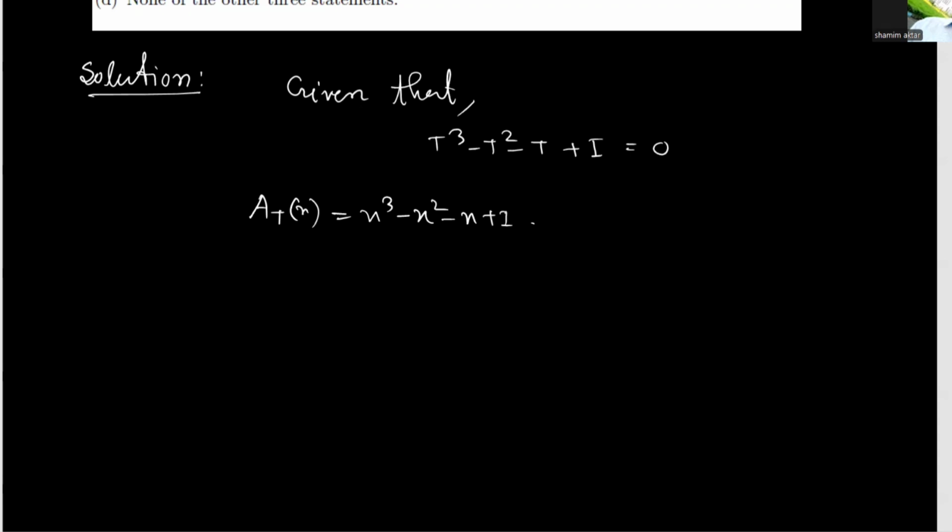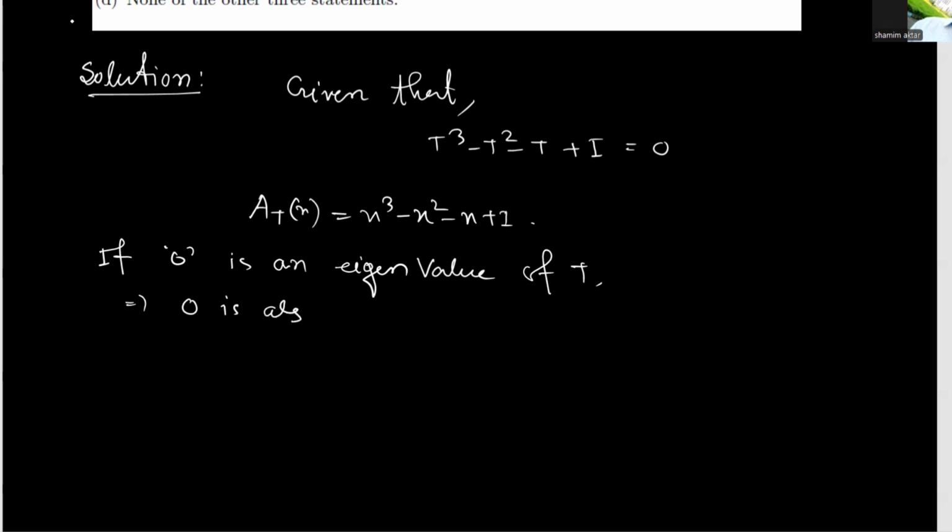So if 0 is an eigenvalue of T, then 0 is also a root of the annihilating polynomial A_T(x).